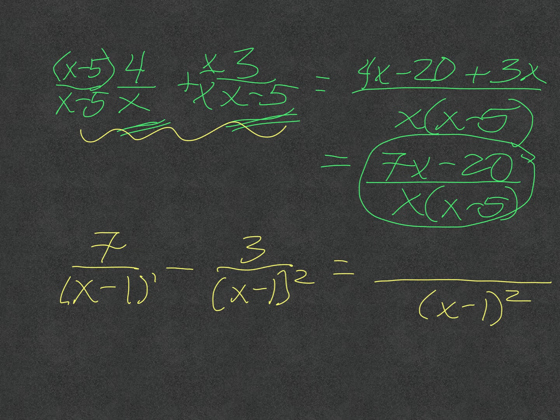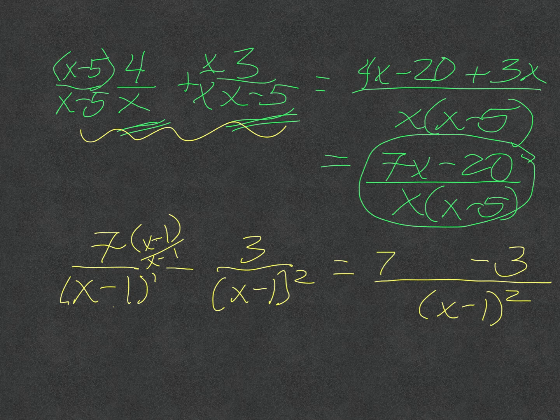Okay? And so therefore, the second part doesn't change at all. We just have minus 3. And the first part, we have to multiply by x minus 1 over x minus 1 to get the x minus 1 squared in the denominator.